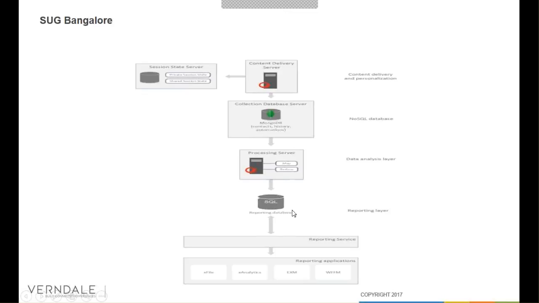Once we have all the information in our analytics database, which is a SQL database, we have some reporting services and pipelines which get all the data into a specific format, used by applications like experience analytics, experience profile, the Web Forms for Marketers module, and experience manager. These are the interfaces where we need the details captured in your SQL database. That's how the complete flow goes.